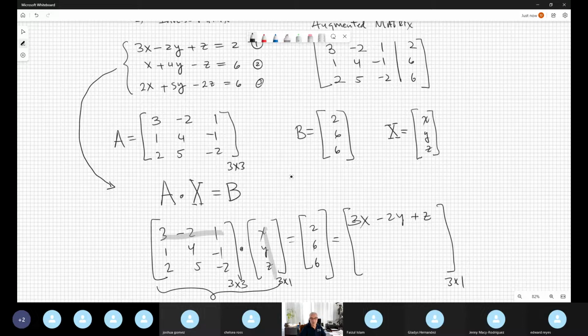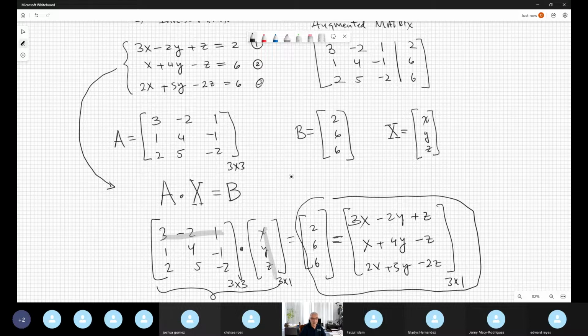But the entire row 1 is 3x minus 2y plus c equal to 2, because we have the equal sign. This is my first equation, and my second is the same: x plus 4y minus c equals 6 again, and the last equation is 2x plus 5y minus 2c equals 6. So now I have confirmation. This matrix form is equivalent to the system at the beginning, right?